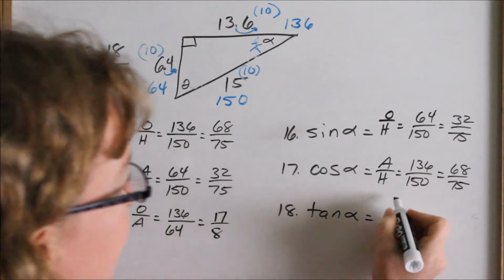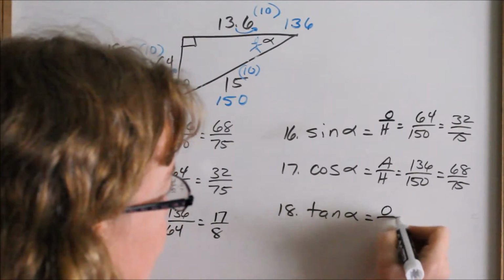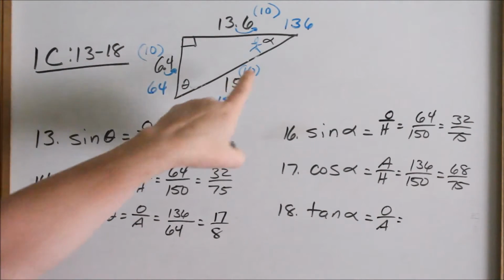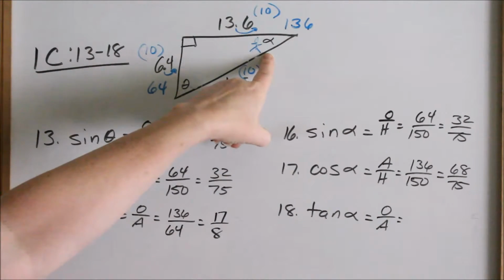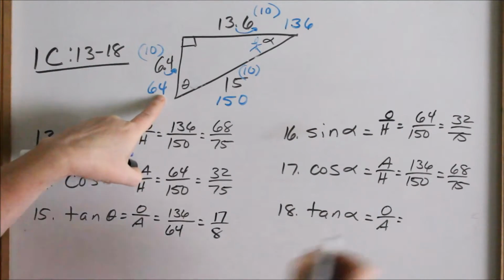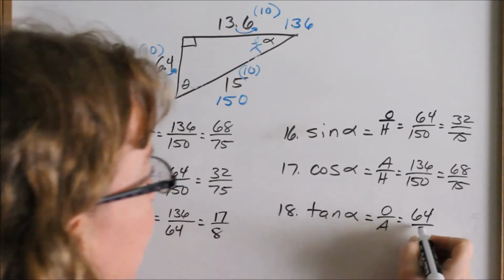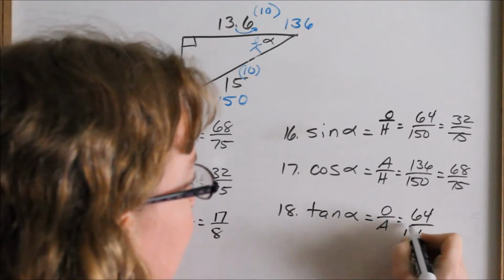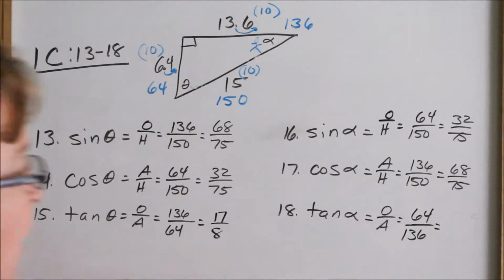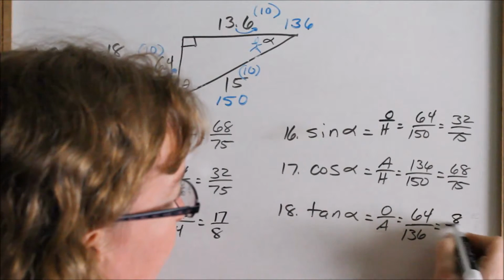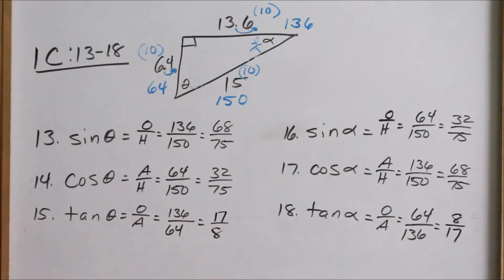Standing at alpha, tangent is still opposite over adjacent. So if I'm standing at alpha, opposite of me is 64, and adjacent next to me at alpha is 136, and reducing them both by 8 gives 8 over 17.